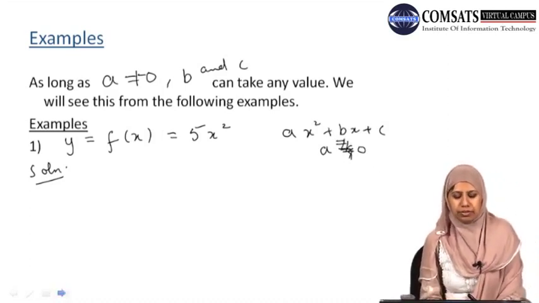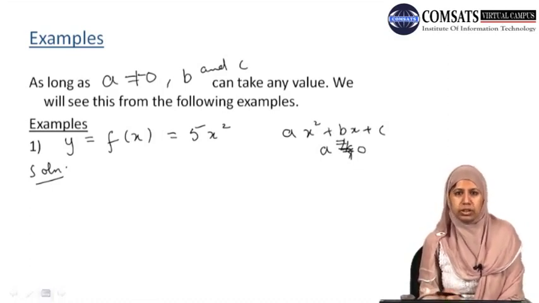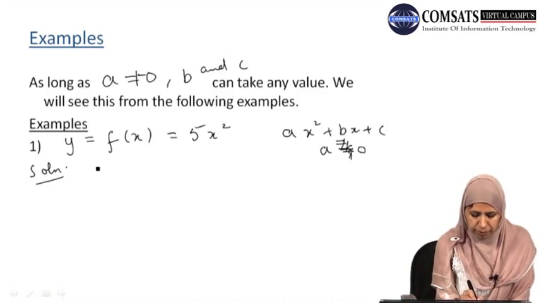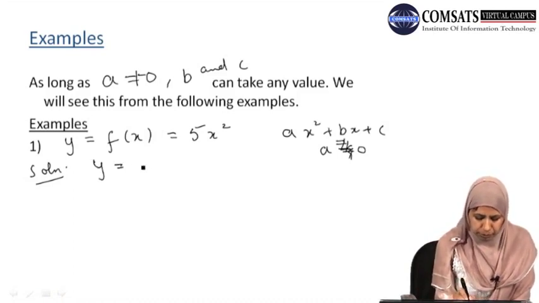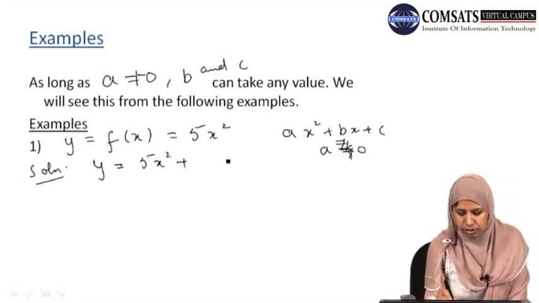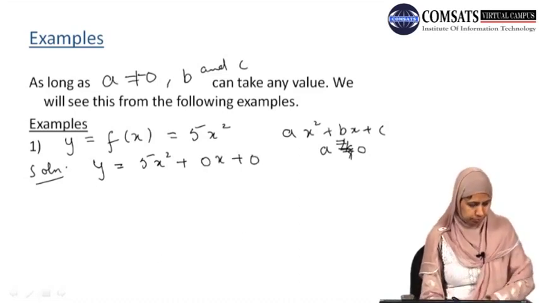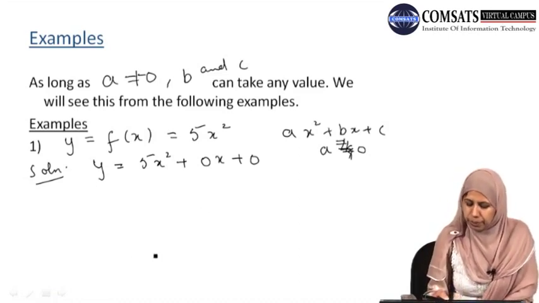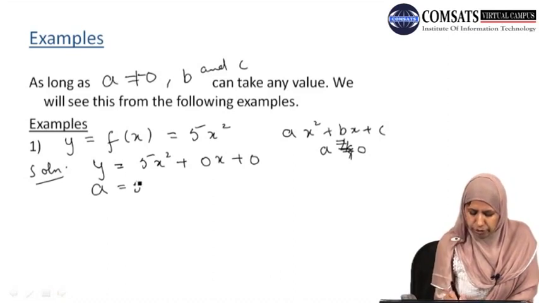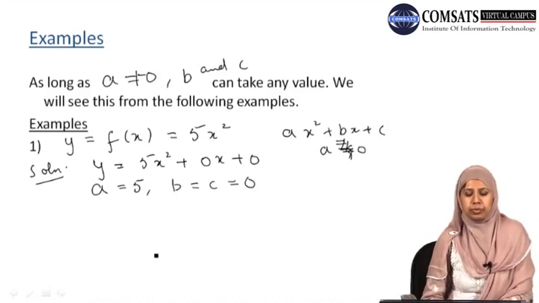Now if we compare our given function 5x square with the general form, what do we obtain? We basically obtain y is equal to 5x square plus 0x plus 0, which means that by comparing we obtain that a is equal to 5, b is equal to 0, c is equal to 0.